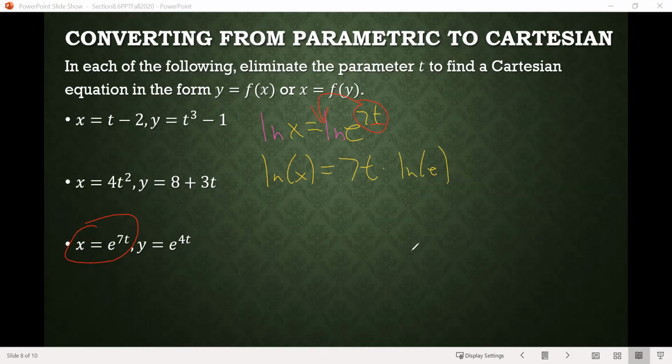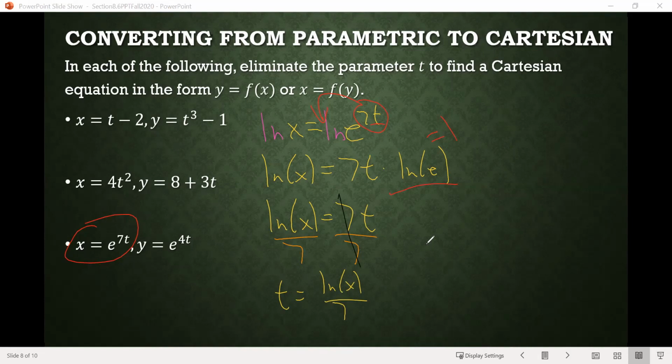You can check with your calculators, or you might remember that ln of e just equals 1. So this is like 1 times 7t here. So we have ln of x equals 7t. Can divide by 7 on both sides. The 7s cancel out here, so we're left with t equals ln of x over 7.